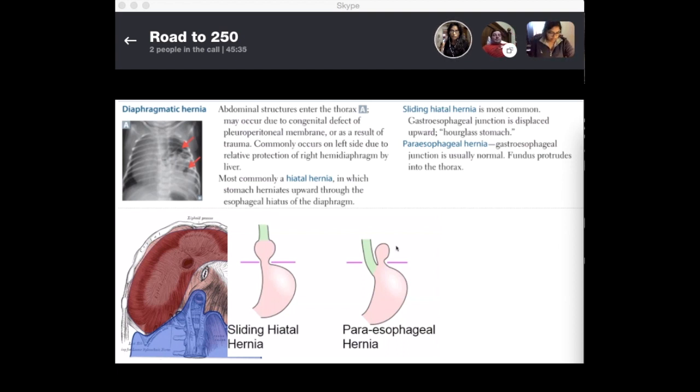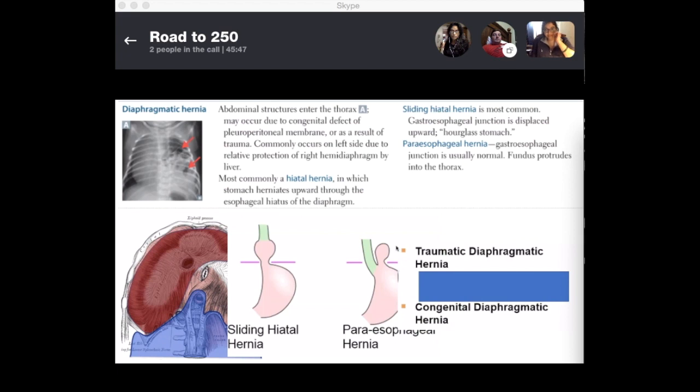And then I mentioned that these can be congenital or as a result of trauma. So if you hit one more time, some issues that we can see with a traumatic diaphragmatic hernia.